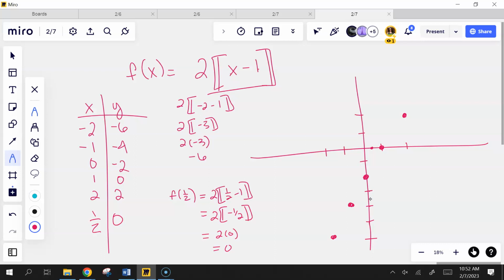But I'm not timesing it by negative 1/2. They're in these special brackets. So I only round what's in those special brackets. So what is the greatest integer of negative 1/2? What's the closest whole number below it?